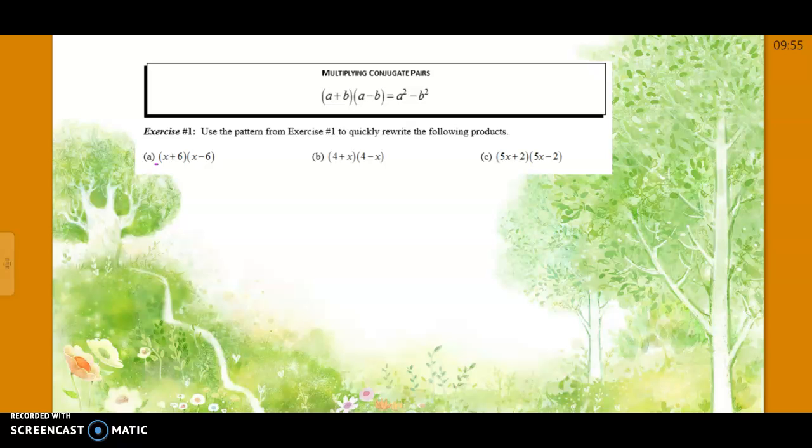We could obviously take this first piece and break it up into two and multiply it by this, but something was going to happen. So let me go through the long process of x times x plus or x minus 6, and then 6, which is positive, times x minus 6 again. So we broke up the first one and multiplied it by the second one. This was going to create x times x.